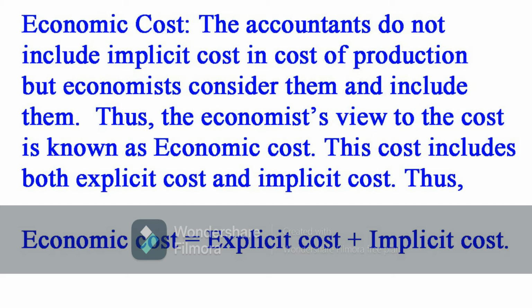For example, the salary of the owner, the entrepreneur himself in his own business, the return on the capital invested by the entrepreneur in the business, etc. Thus, the economic cost includes explicit cost plus implicit cost. In other words, accounting cost plus implicit cost both are considered as economic cost.